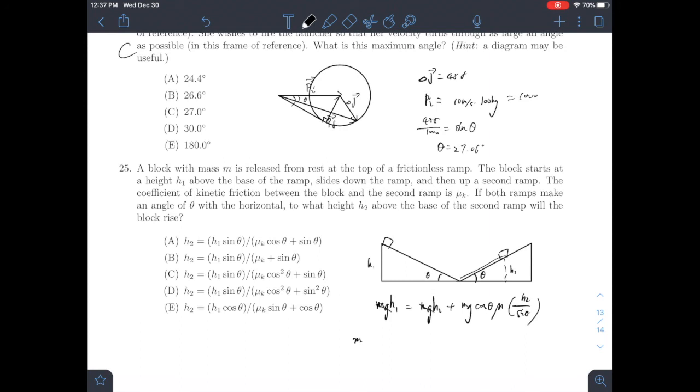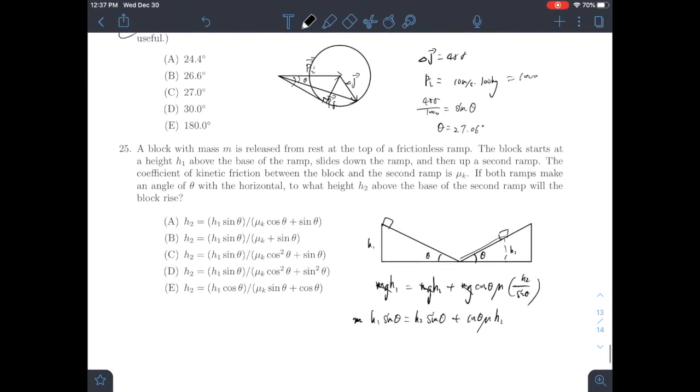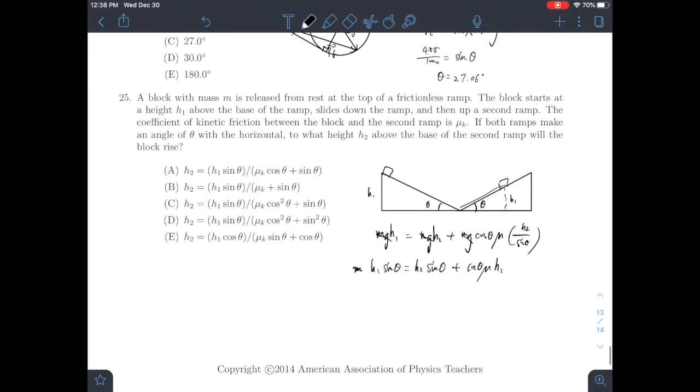First multiply both sides by sine theta and cancel all the mg's. We have h1 sine theta equal to h2 sine theta plus cosine theta mu h2. Then h2 is equal to h1 sine theta over sine theta plus mu cosine theta. Comparing with the original answers, we got A.